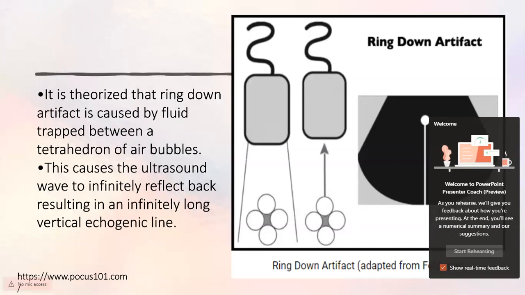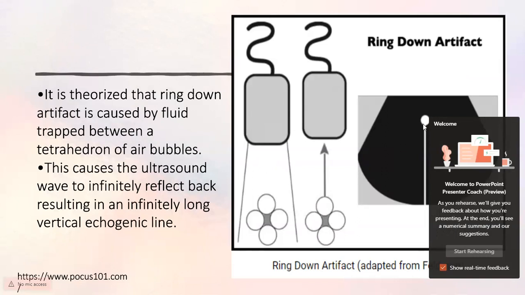It is theorized that ring-down artifact is caused by fluid trapped between a tetrahedron of air bubbles. This causes the ultrasound wave to infinitely reflect back, resulting in an infinitely long vertical echogenic line. So we can see the gas bubbles here, and we can see fluid trapped within it.